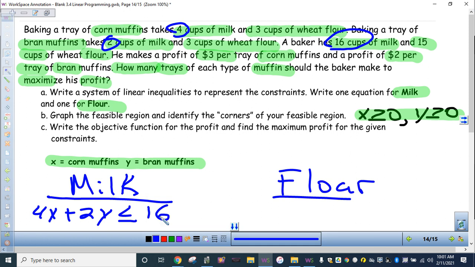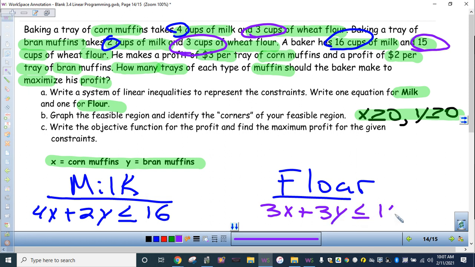So that second equation, we have 3 cups of wheat flour for the corn, 3 cups of wheat flour for the bran, and 15 cups of wheat flour. So that equation is 3x plus 3y less than or equal to 15.